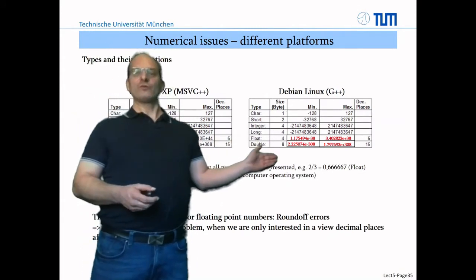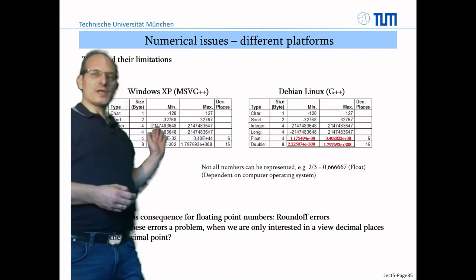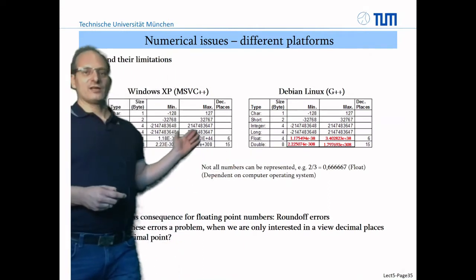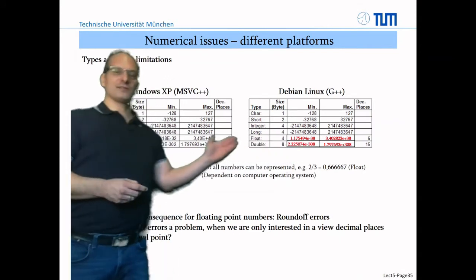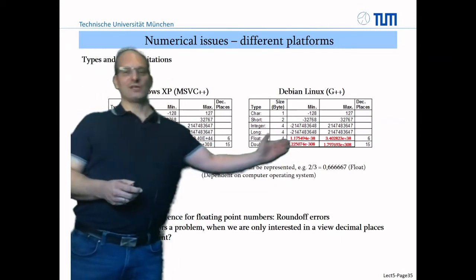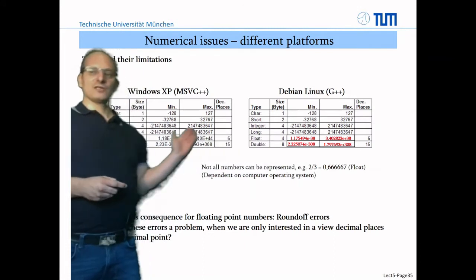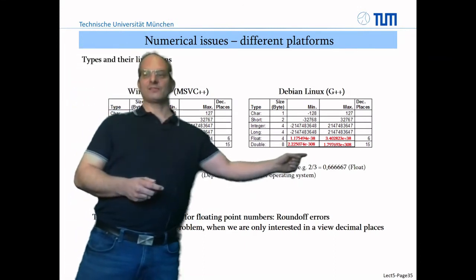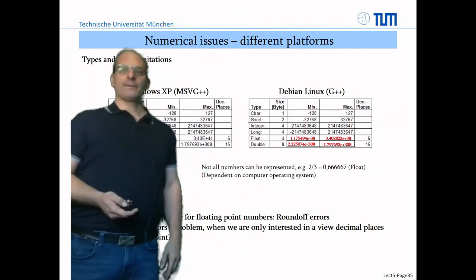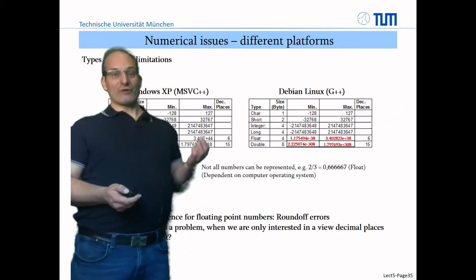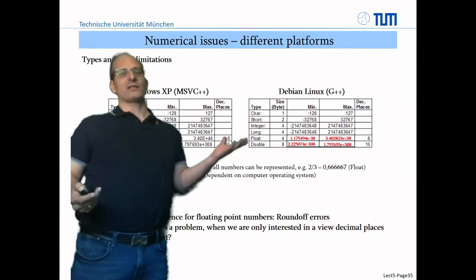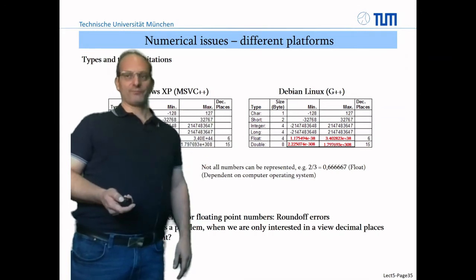So therefore, I can show you a situation like this. And before I do that, I want to show you also that between different operating systems and different representations, you will find different limitations. So here for the Debian Linux, and here for the Windows system. You see some different limits. So computer programs which run on different machines might lead to different results.